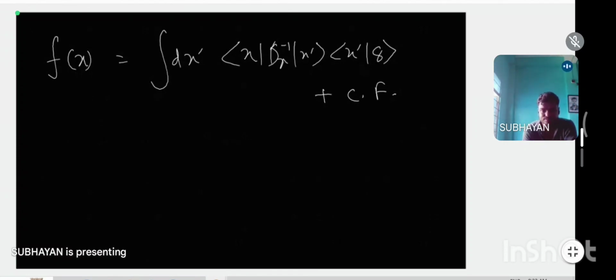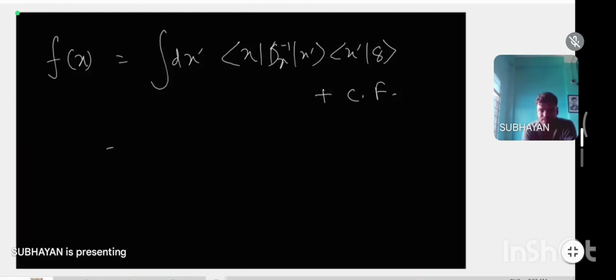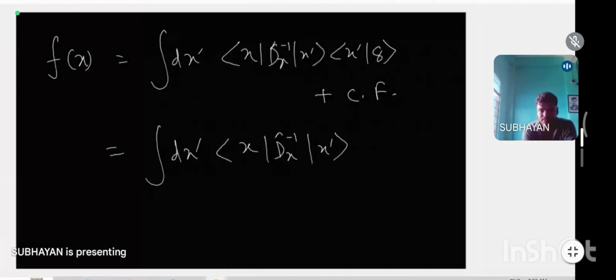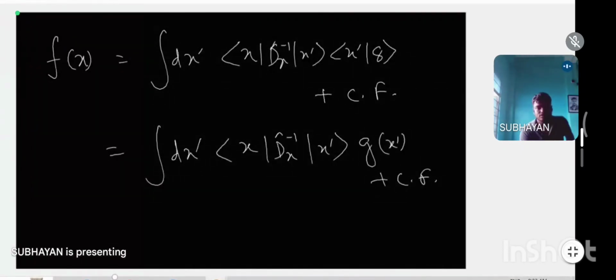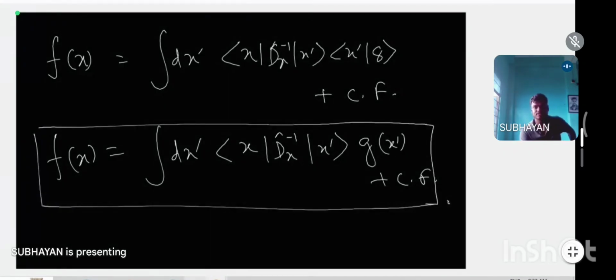So this one is x dx inverse x prime g of x prime plus complementary function. So the general solution of an inhomogeneous differential equation is like that.